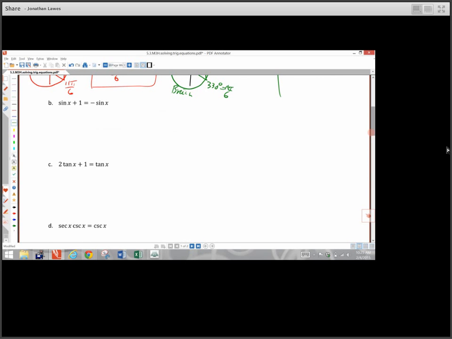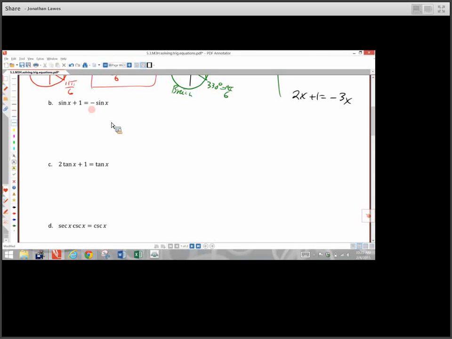What would we do first? Add sine. Okay, let me ask you this. It's always good to think in terms of, these are skills that you already had. If I had 2x plus 1 equals negative 3x, what would you do there? You'd add the 3x. You'd collect the variable term, right? You'd get the variable term on one side.